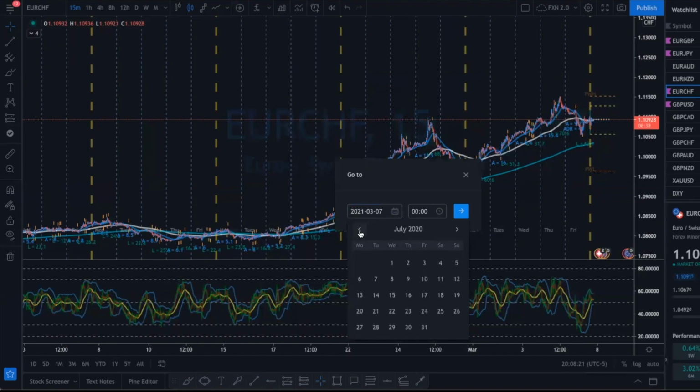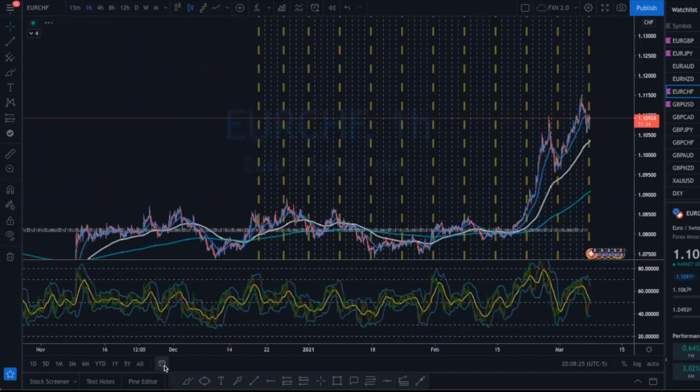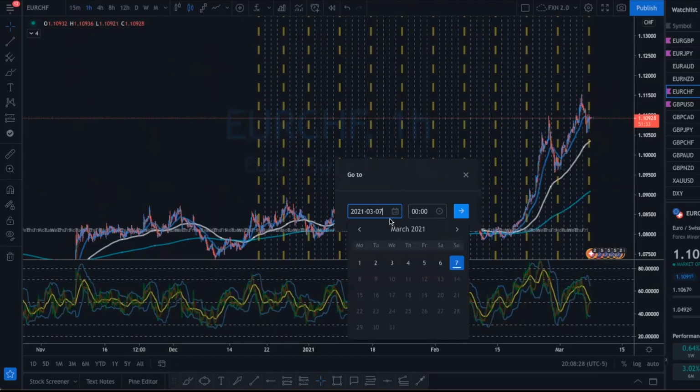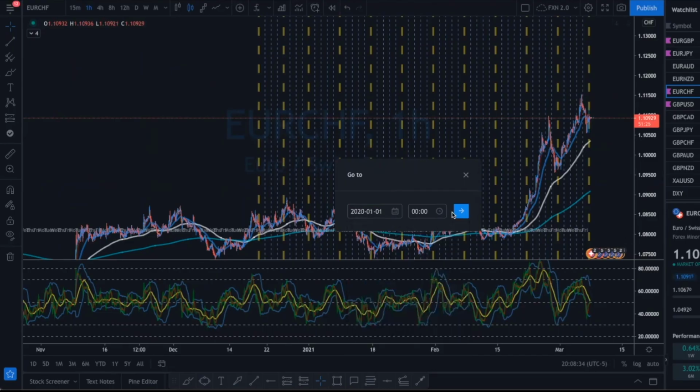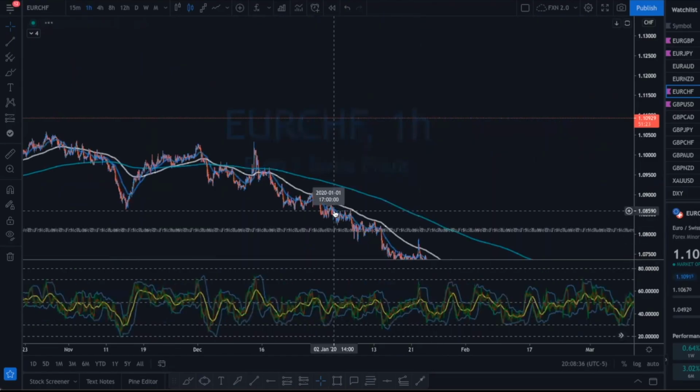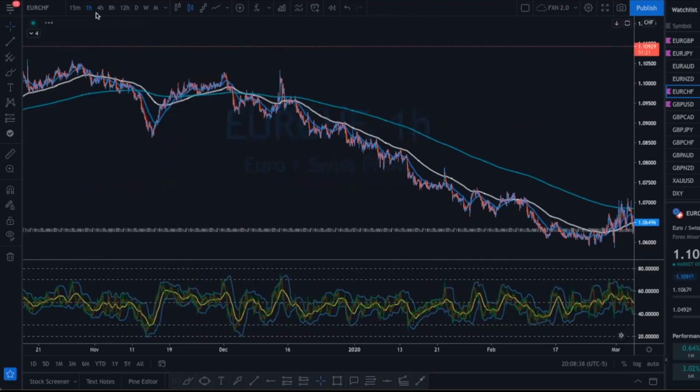I don't know how far back 10,000 candles is, but if you can go back to at least, let's say, January of 2020, which I'm pretty sure you should be able to do.